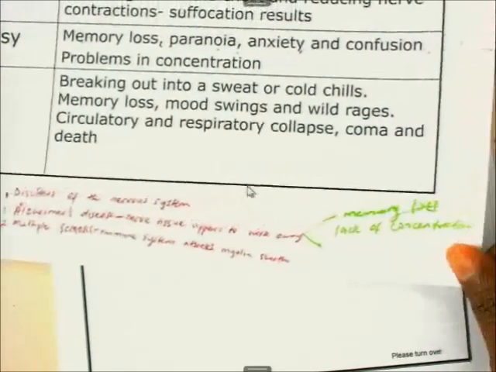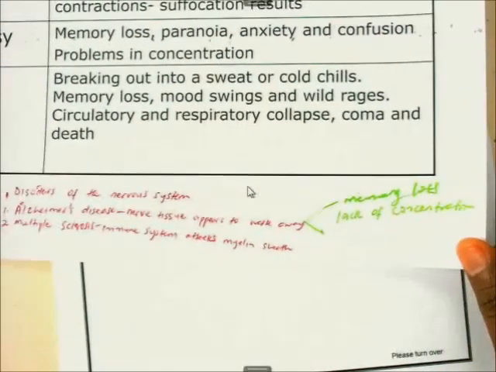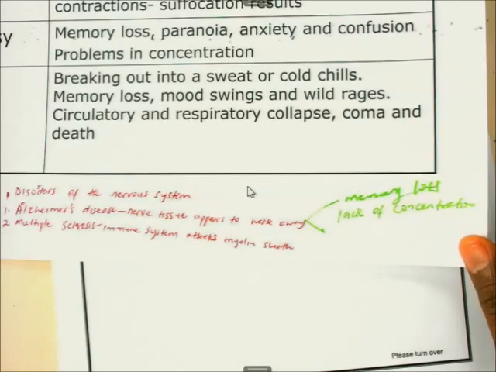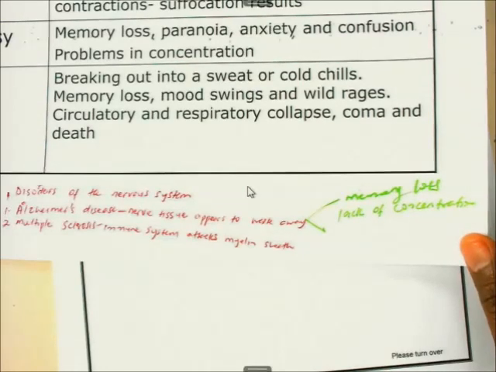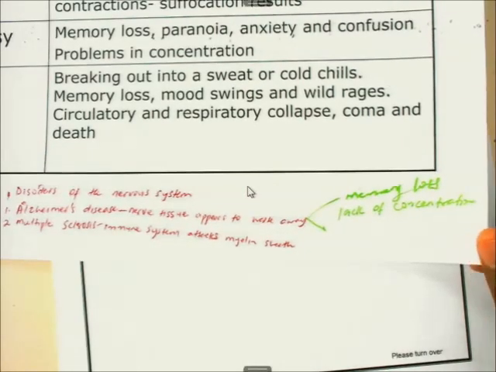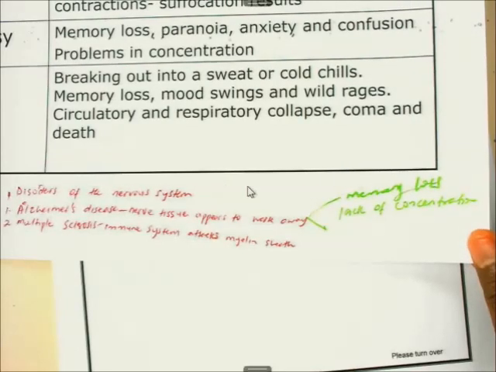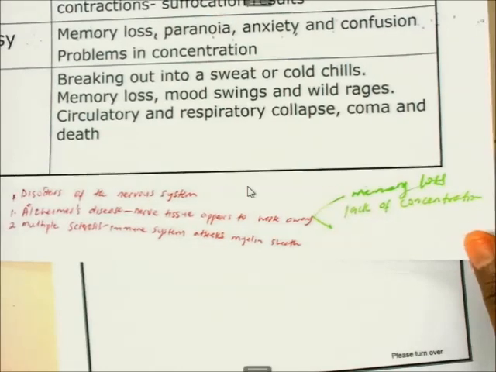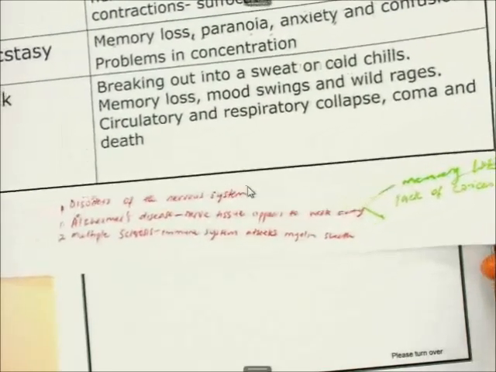So the symptoms of a person who suffers from Alzheimer's disease are memory loss as well as lack of concentration. There is no cure to treat a patient who suffers from Alzheimer's disease.